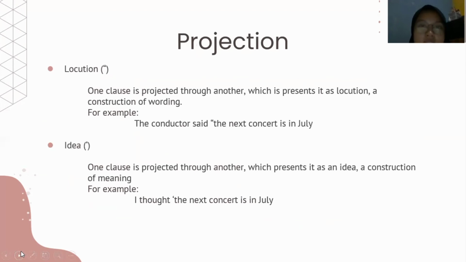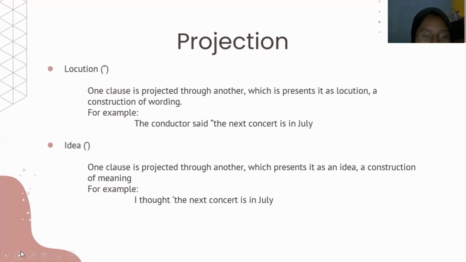The next is subtypes of projection. The first one is locution. Locution is a projection of wording and it is marked with the quotation sign. For example, the conductor said, the next concert is in July.